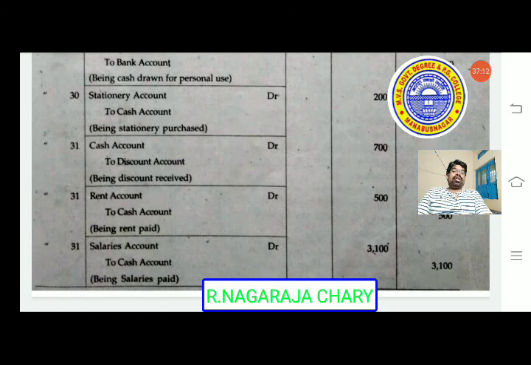According to real accounts, cash is to be credited. Debit what comes in, credit what goes out. So, that is why salaries account debtor to cash account 3100 3100, both the aspects will be equal. The narration is being salaries paid, this is an expenditure.